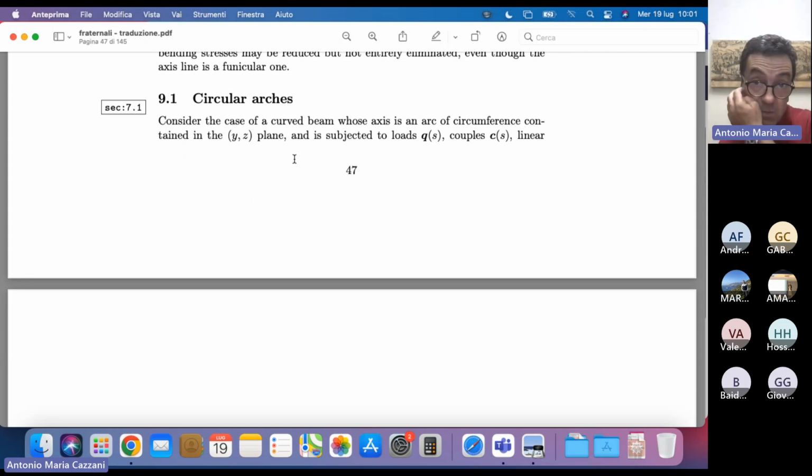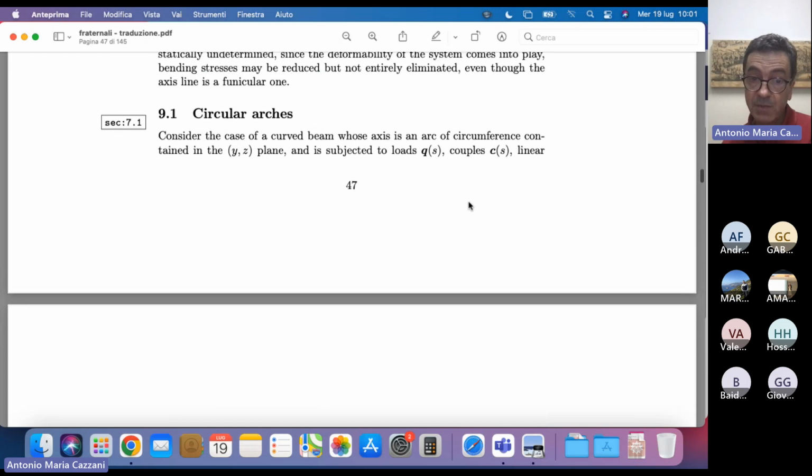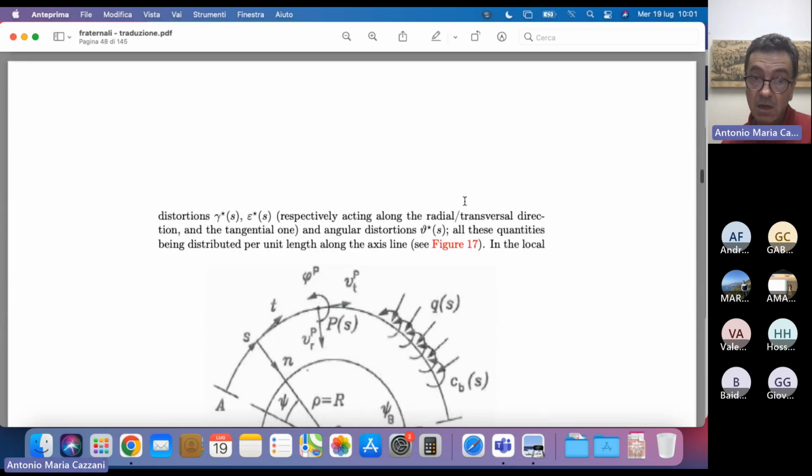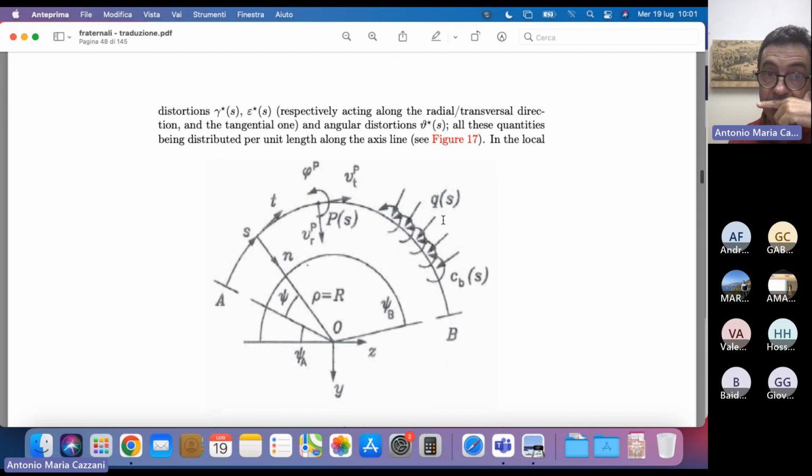Such a beam would be subjected to loads Q and distributed couples C, and distributed distortions gamma and epsilon, respectively along the radial direction and the tangential one, and angular distortion theta star.